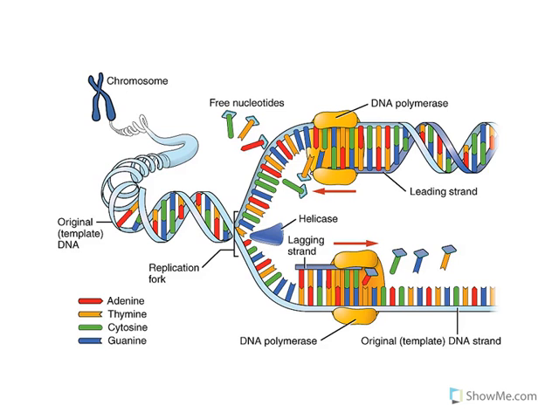Now, it's going to start with opening up the bonds that exist between the two polynucleotide chains. Remember, the hydrogen bonds are going to be here between the nitrogen bases along the chain.